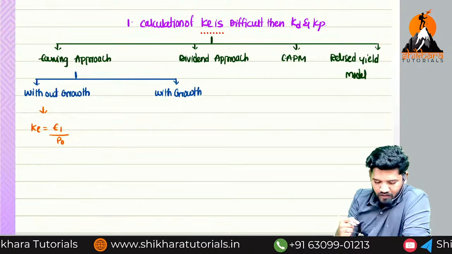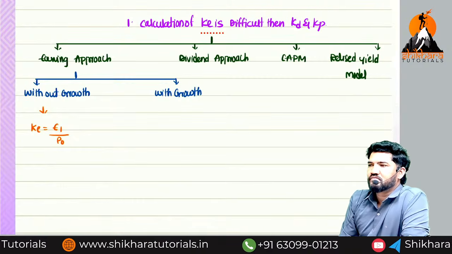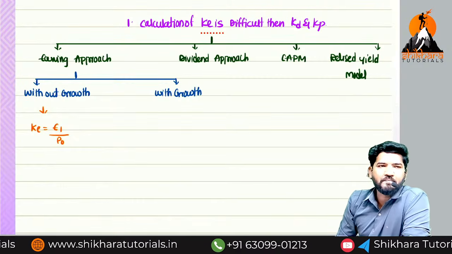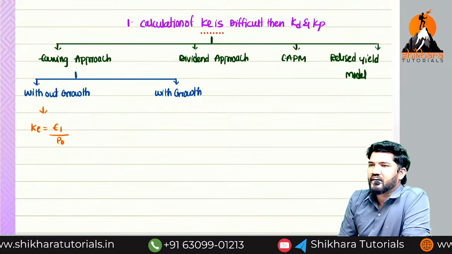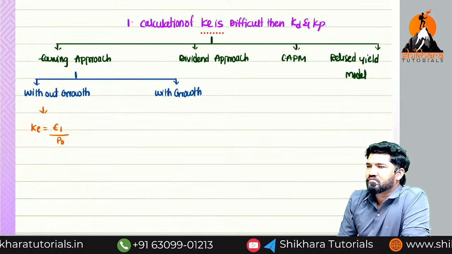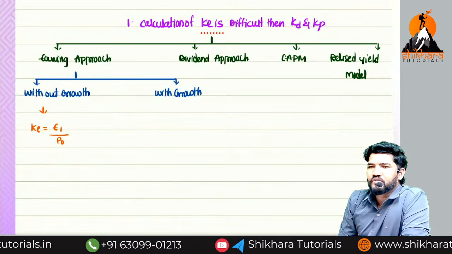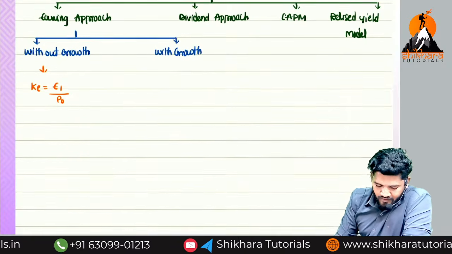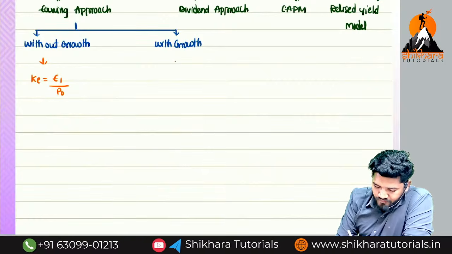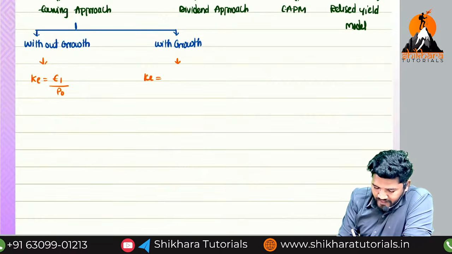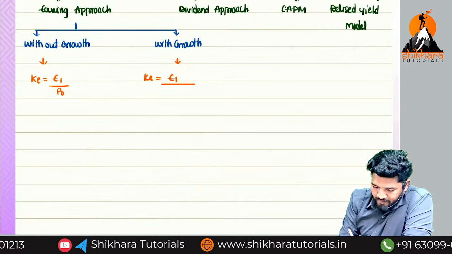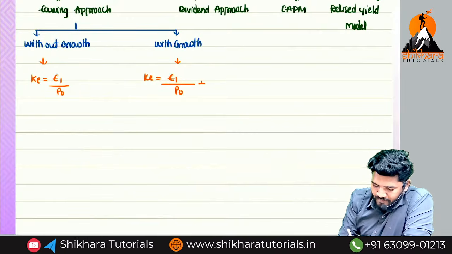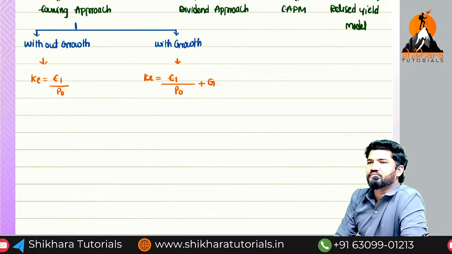Now the 1 also has a meaning here: the 1 represents expected, next year or estimated; the 0 represents current year. Are you guys clear now? When it comes to with growth, KE equals expected earnings divided by P0 plus growth.